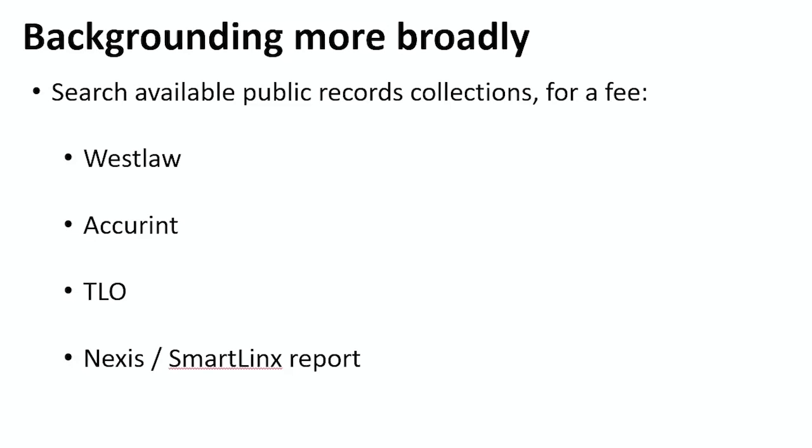There are a lot of services out there that will help you identify where you might want to go looking for more information about particular people. Westlaw, again, required to plug, has a very good national people finder. Accurint, TLO, and LexisNexis has one that I'll show you in a minute because I think it's illustrative.